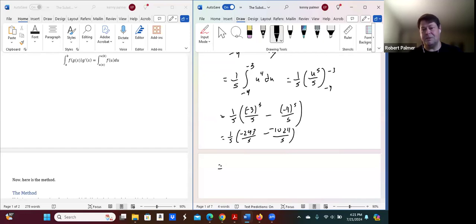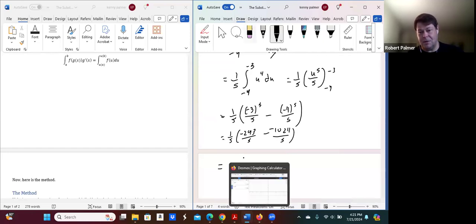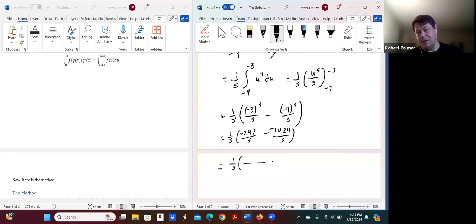We get plus, and so let's also do that on Desmos. It's going to be 1/5, and this is also going to be over 5. So negative 243 plus 1024.